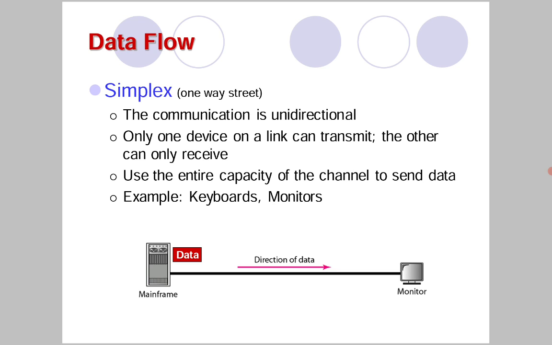So how does the simplex mode work? In simplex mode, one device can transmit the data over the network to the other device, and the other device simply receives the data or information.